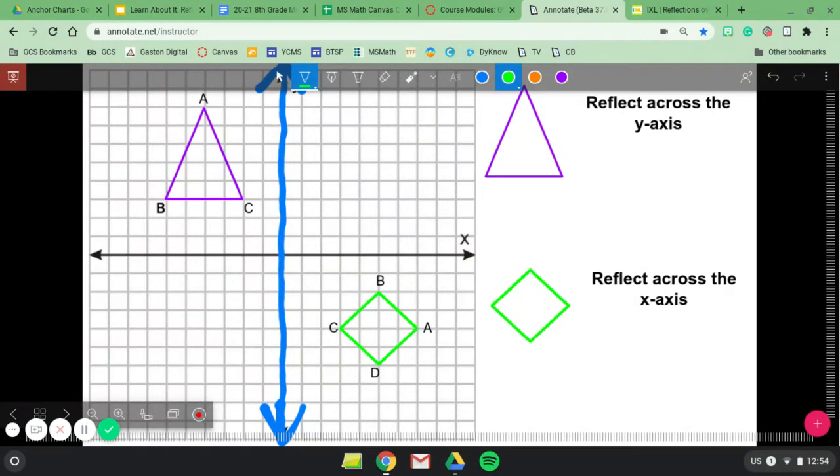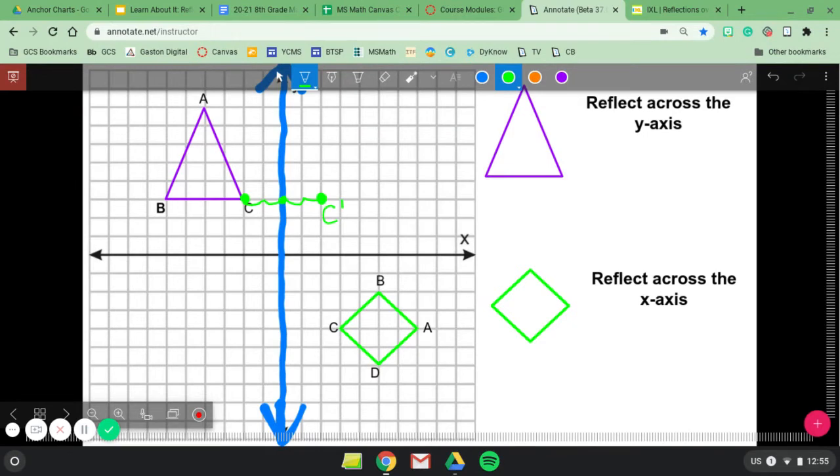So if we have point C right here, from our line of reflection it's 2 units to the left. If we flip that image, if we do the opposite or reflect it, we're going to go 2 units to the right. Remember, everything starts from your line of reflection, and we're going to call that C prime.